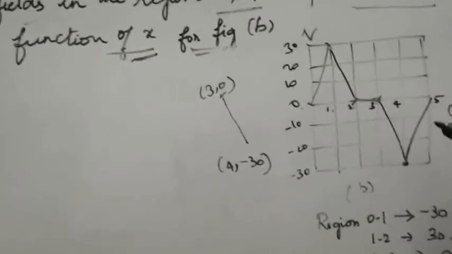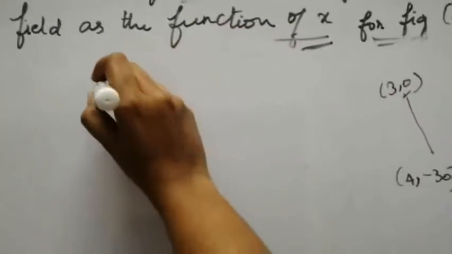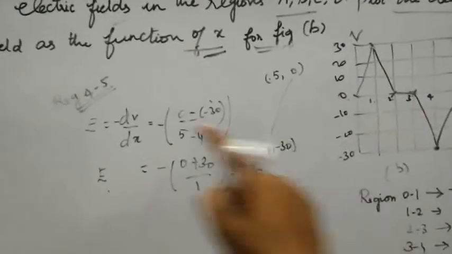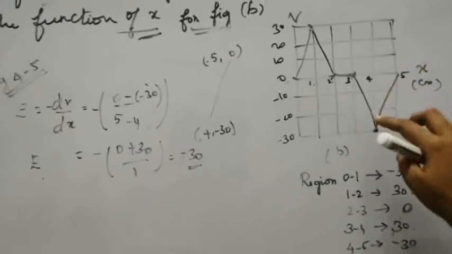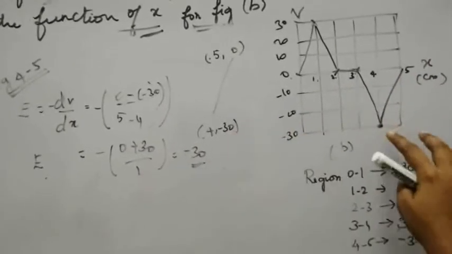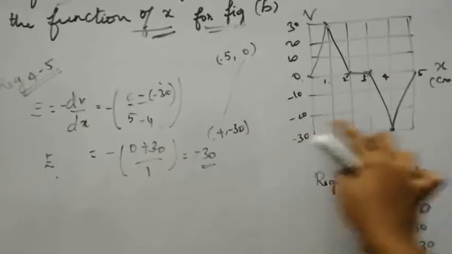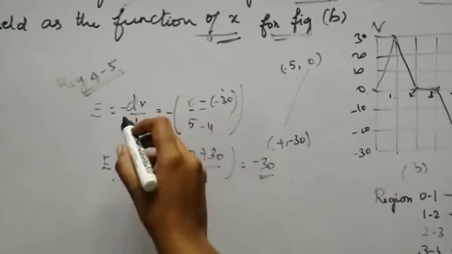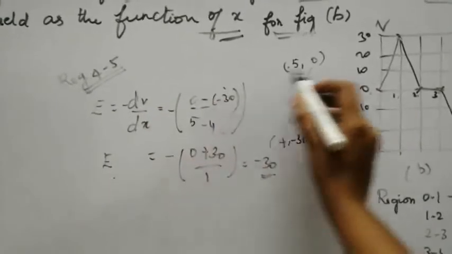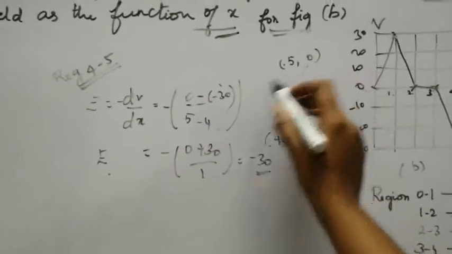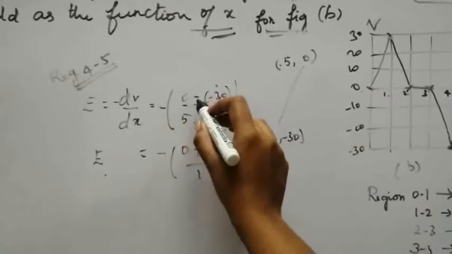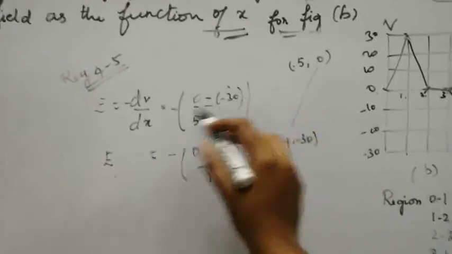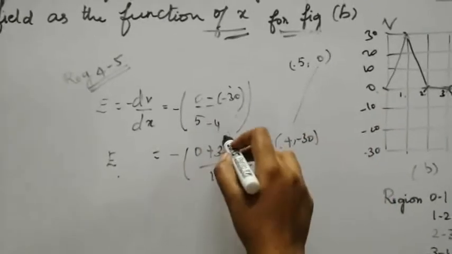So next for the region 4 to 5, the slope is like this, and the initial point is 4, minus 30, and the final point is 5, 0. So when you subtract, it is minus dV by dx. So minus of 0 minus of minus 30 divided by 5 minus 4.